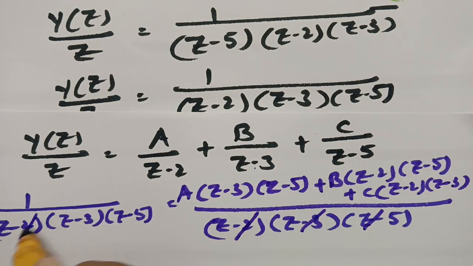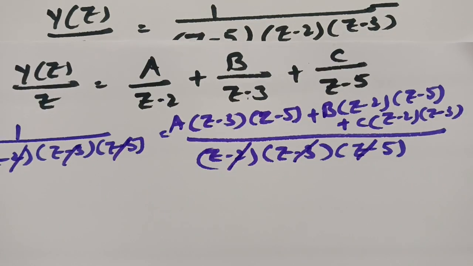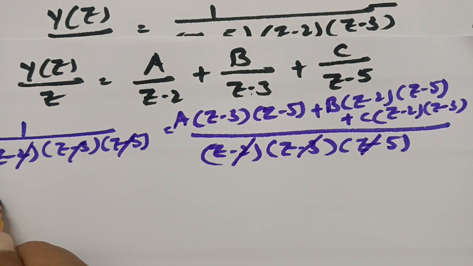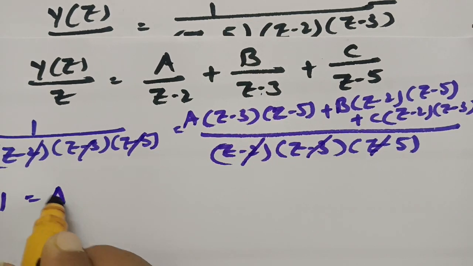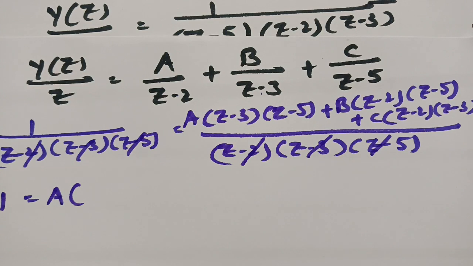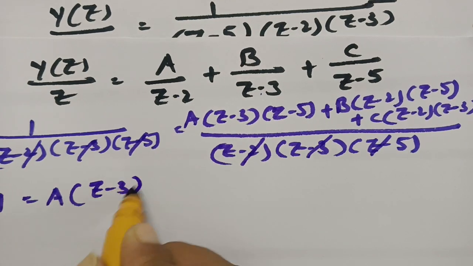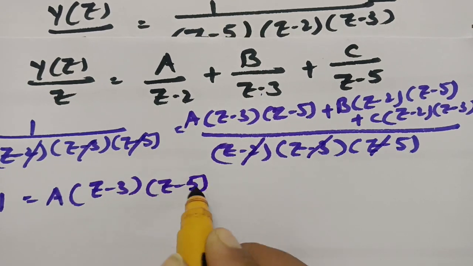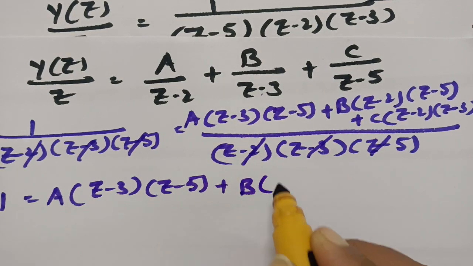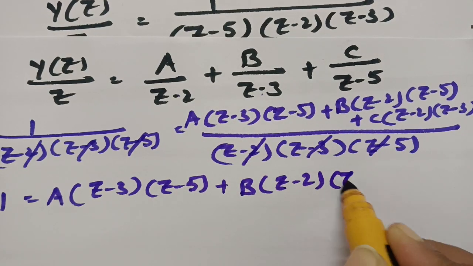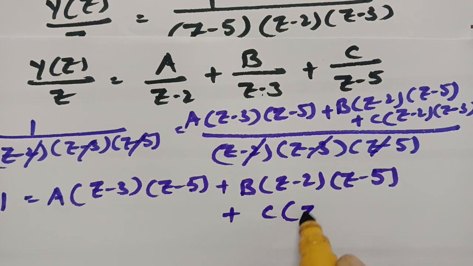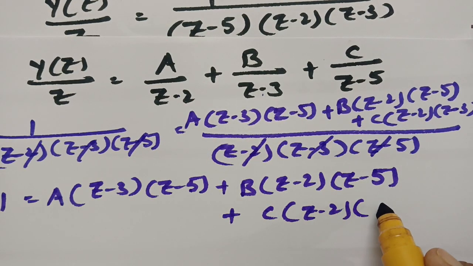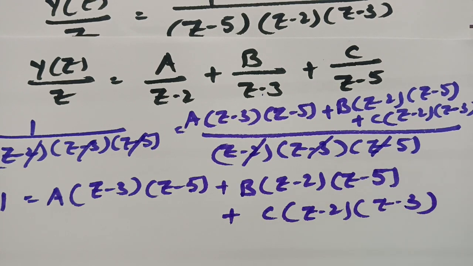Now I'll cancel the same denominators and the equation becomes 1 equals A times (z minus 3)(z minus 5) plus B times (z minus 2)(z minus 5) plus C times (z minus 2)(z minus 3).